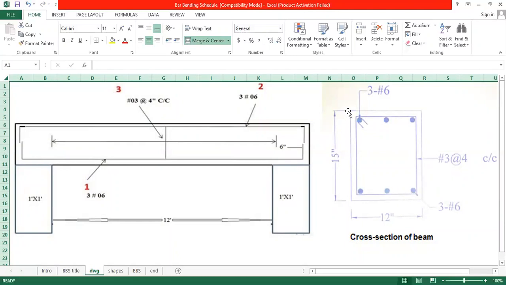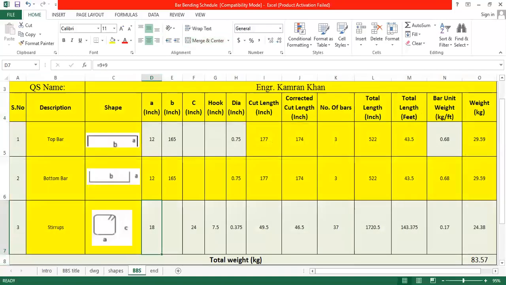Similarly, this vertical face is 15 inches, so subtract 1.5 inches over here and 1.5 inches over here, and you will get 12 inches. There are two A's and two C's. So 9 inches plus 9 inches will be equal to 18 inches, and for the C there are two C's, so 12 inches plus 12 inches will be equal to 24 inches.